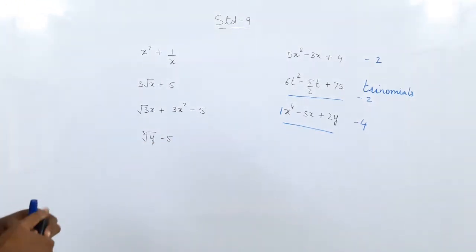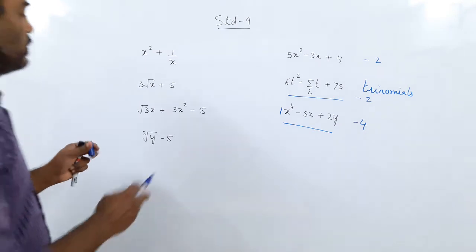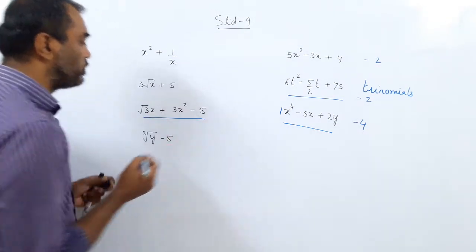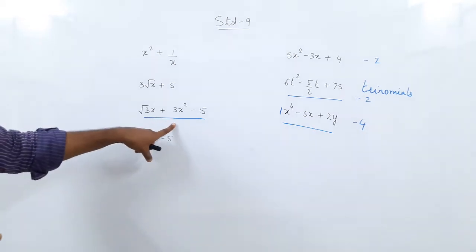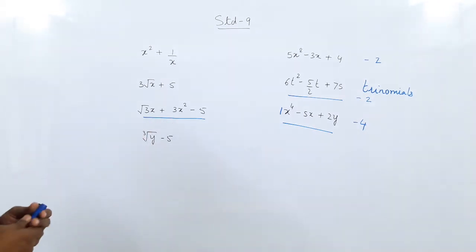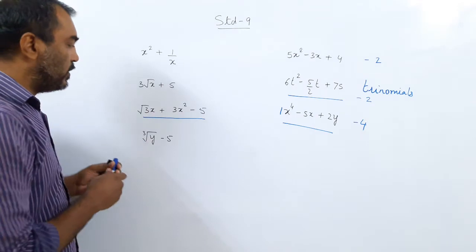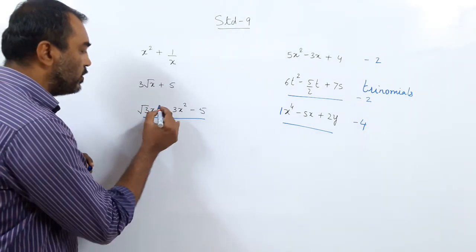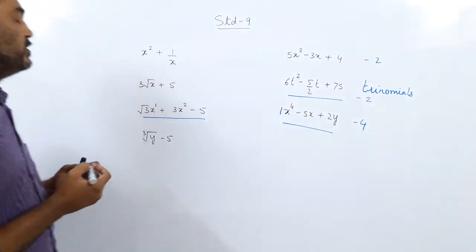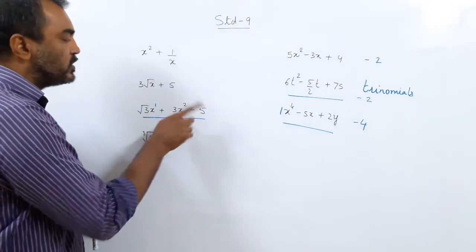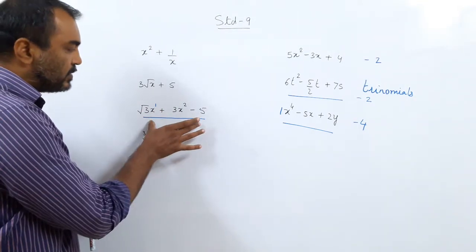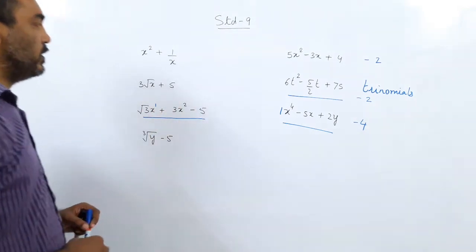Now out of this 4, this is a polynomial. Okay, I have written 4 things on the board, but this is a polynomial. Why you can say it is a polynomial? Because the variable has the power as a positive integer. So only those variables whose power is a positive integer is a polynomial.